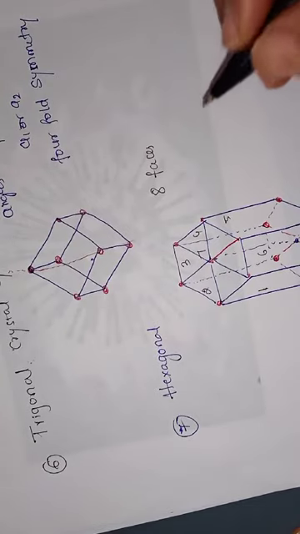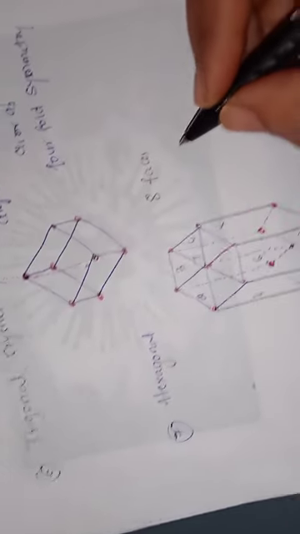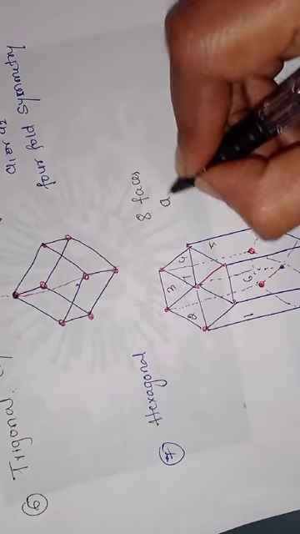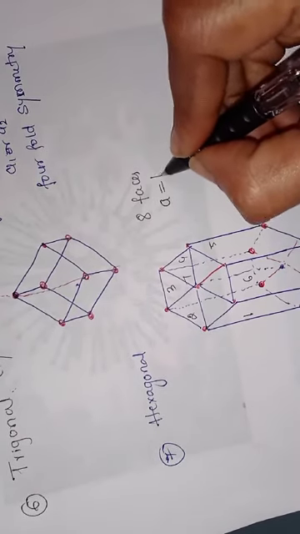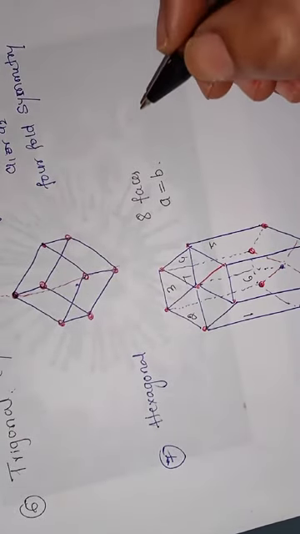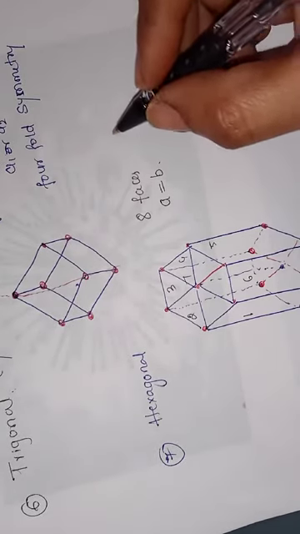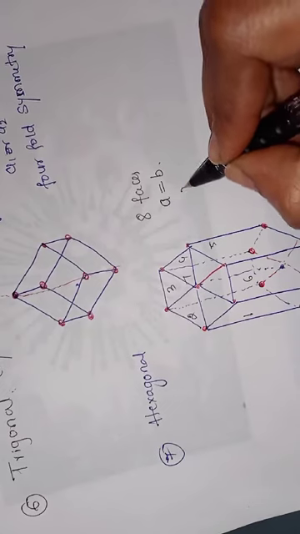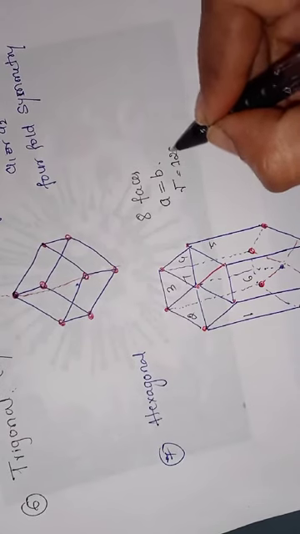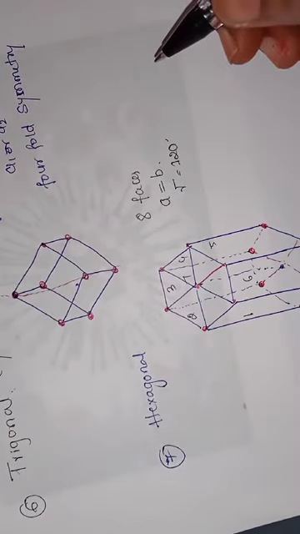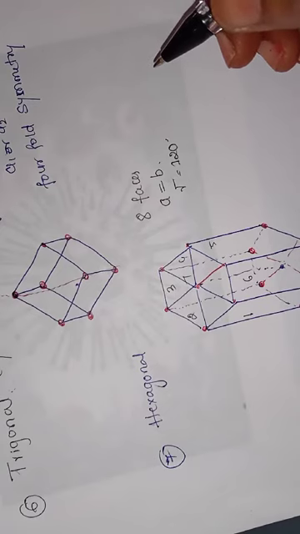Then 2 equilateral axes are equal, either A or B, or B or C. They intersect at 120 degrees. The vertical axis is different.